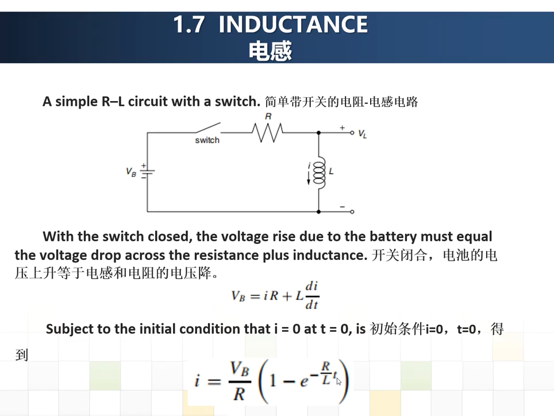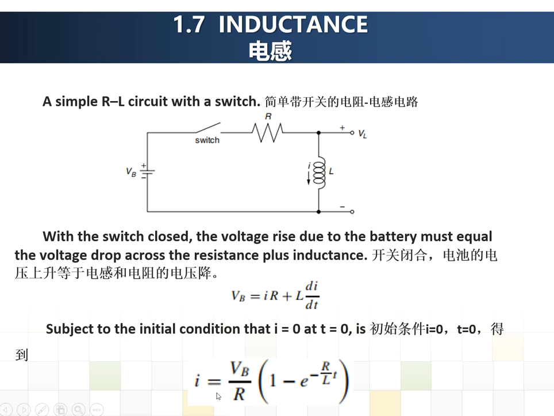So at t equal to 0, the exponential term e to the minus R over L times t is equal to 1. At that time, I is equal to 0. And as time increases, the exponential term continues to decrease, and so 1 minus this term continues to increase.